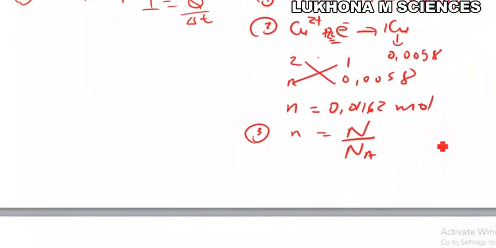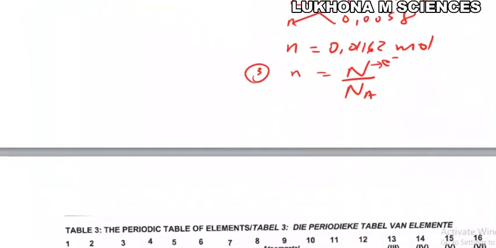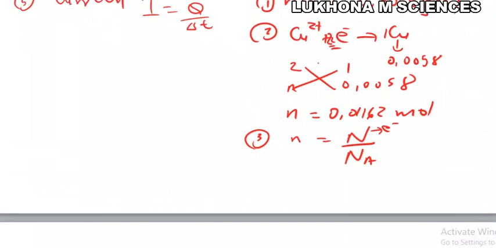So this n is the number of moles, this one is the number of electrons, then this one is Avogadro's number, which is constant. Now we are going to write here. So the number of moles is 0.01162, which is equal to number of electrons over Avogadro's number, 6.02 times 10 to the power 23.